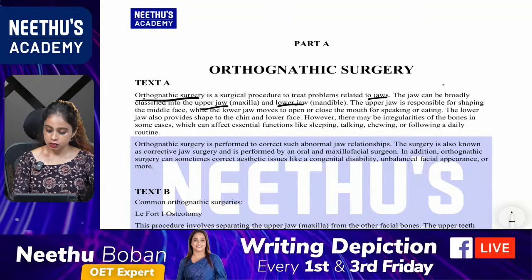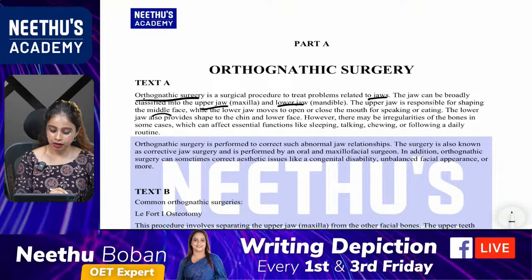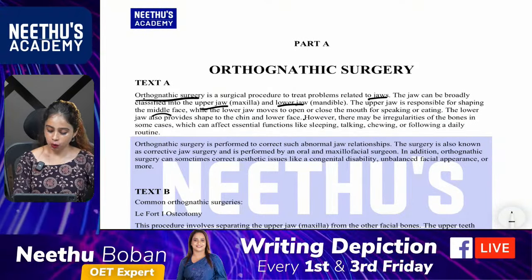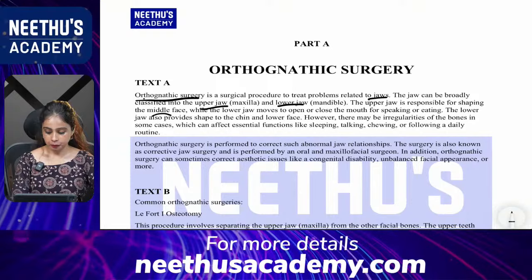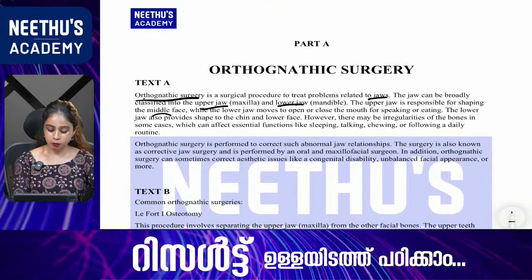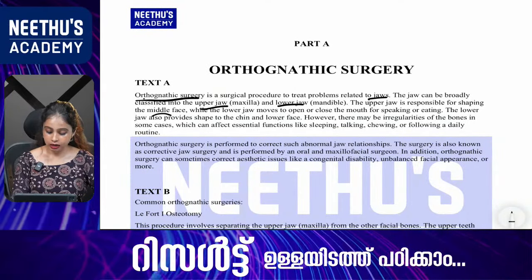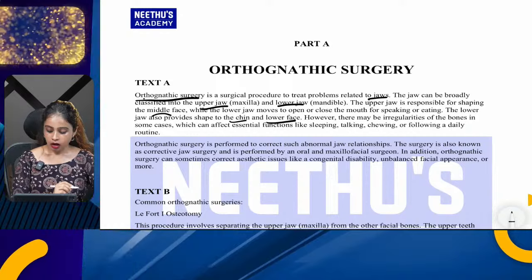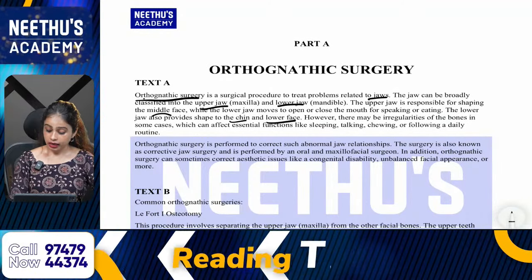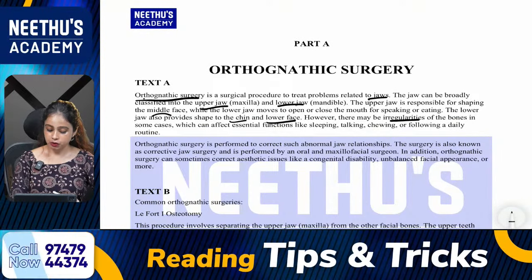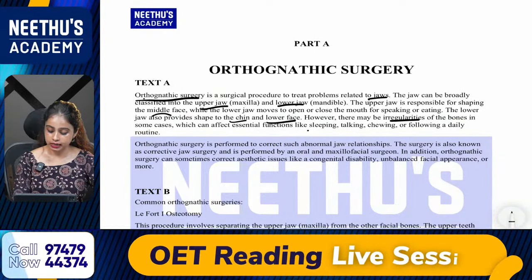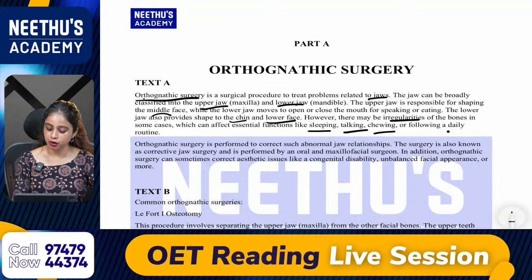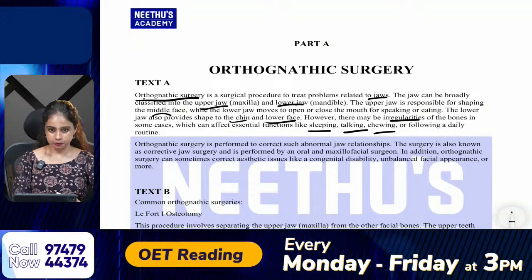The upper jaw is responsible for shaping the middle face, while the lower jaw moves to open or close the mouth, for speaking or eating. The lower jaw also provides shape to the chin and lower face. However, there may be irregularities of the bones in some cases, which can affect essential functions like sleeping, talking, chewing, or following a daily routine.